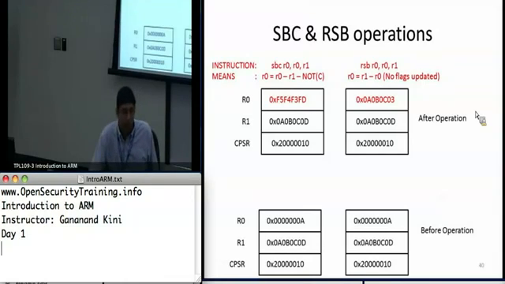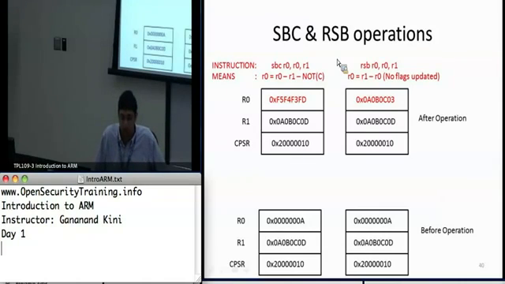So I wanted to add an example for the subtract with carry and reverse subtract operations. So here in this example, I have hex A and R0 for both. This is sort of before the operation below and after the operation.